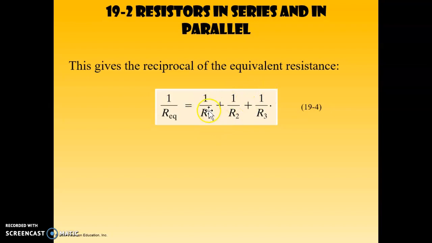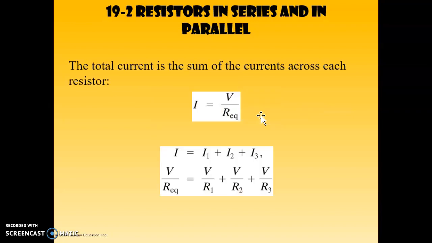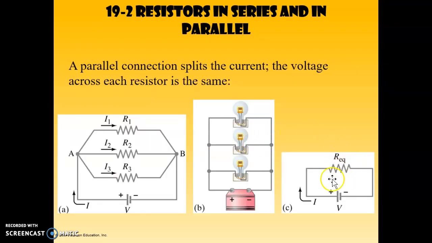So each resistor I have. When I have them all in parallel like that, I can do 1 over R1 plus 1 over R2 plus 1 over R3, put that in my calculator, and then I do 1 over that. That gives me the equivalent resistance that I can put into my drawing over here. And then once I know that, I can do these things.